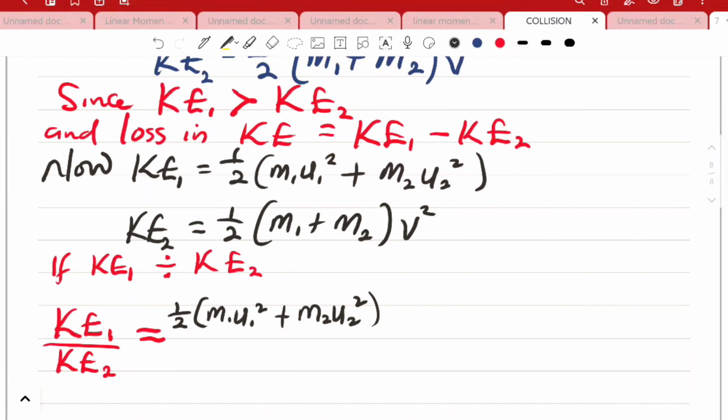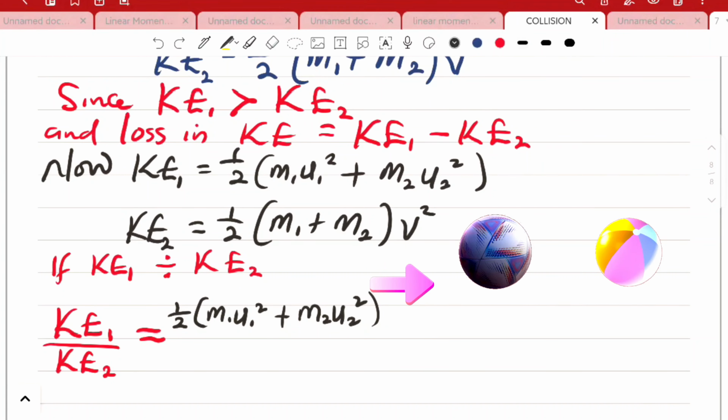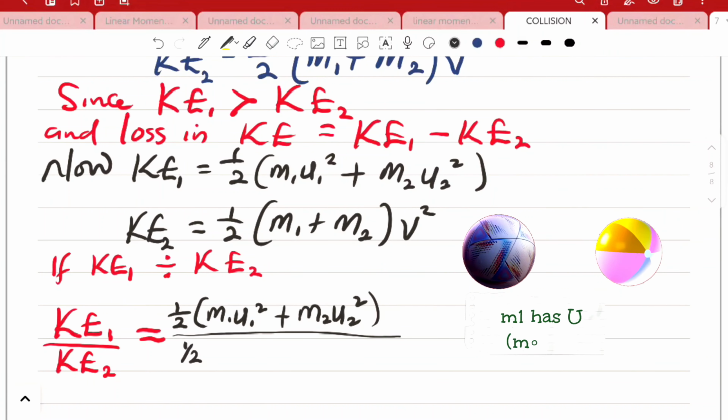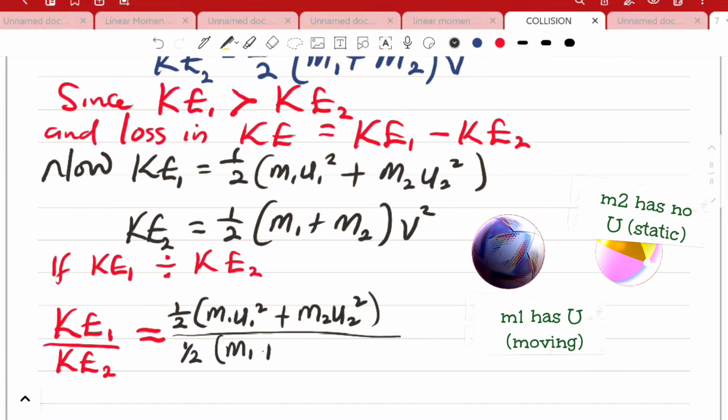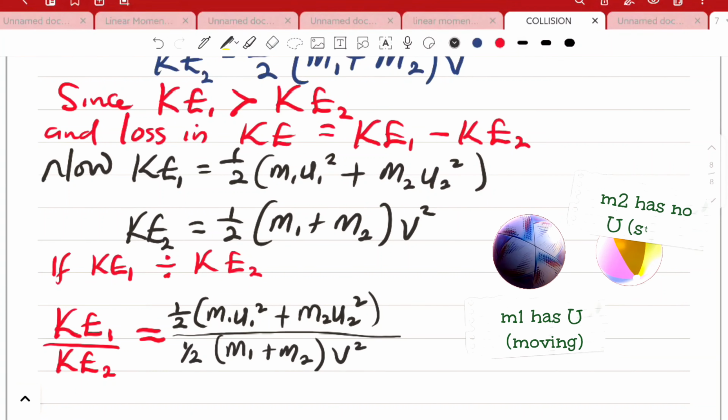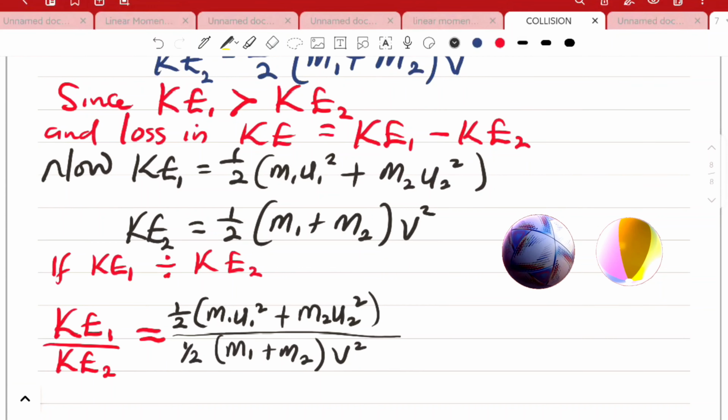Is that clear? Close your bracket. All divided by 1 over 2 into M1 plus M2, close your bracket, V squared.